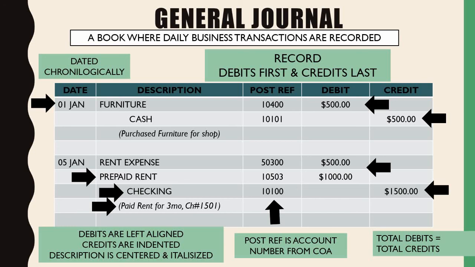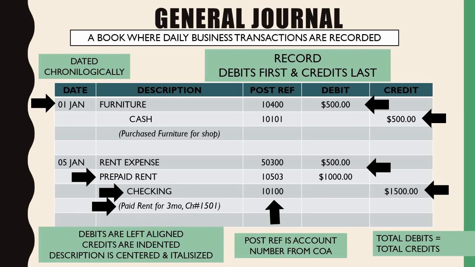So that's how we're measuring it. We're measuring it in terms of value, dollar value. I'm not saying I bought 4 chairs and a desk, right? I'm saying I bought $500 worth of furniture, which includes 4 chairs and a desk, okay? Which I can put down here in my description, all right?